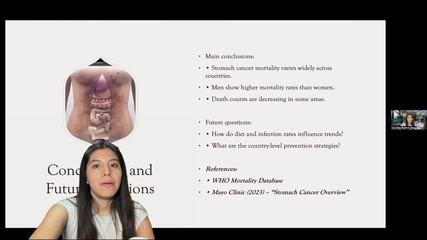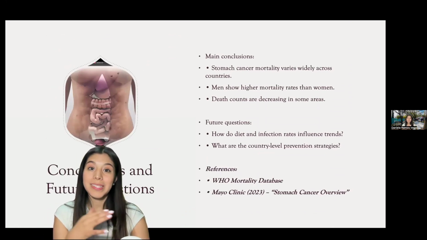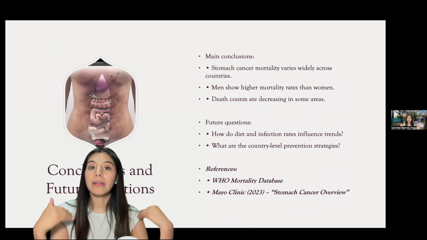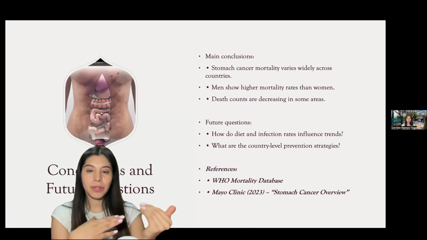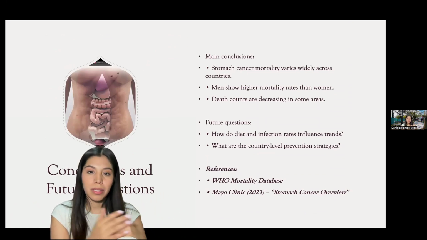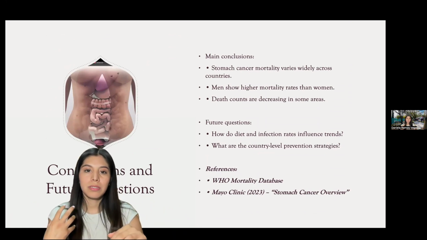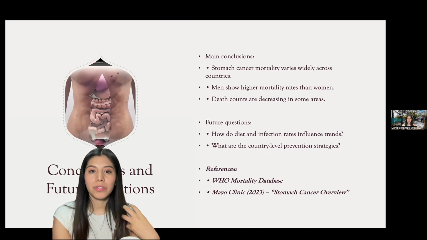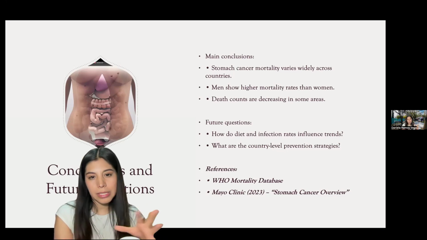So for the final step, we have this slide for conclusions and possible future questions. Overall, this exploratory analysis helps us see that stomach cancer mortality is not evenly distributed across the world. Some countries still face high numbers, while others show progress and decreasing trends.